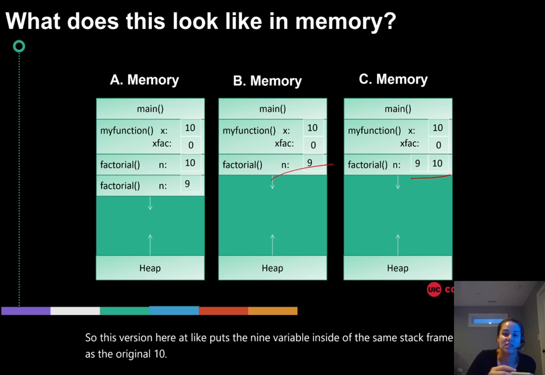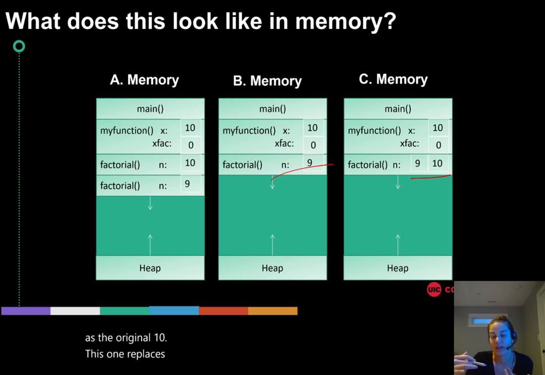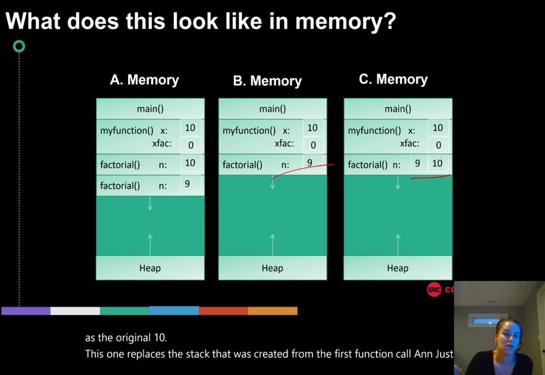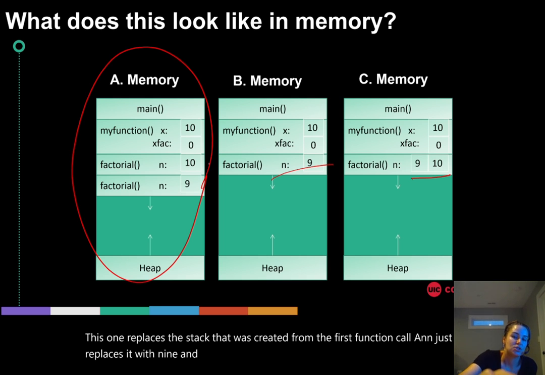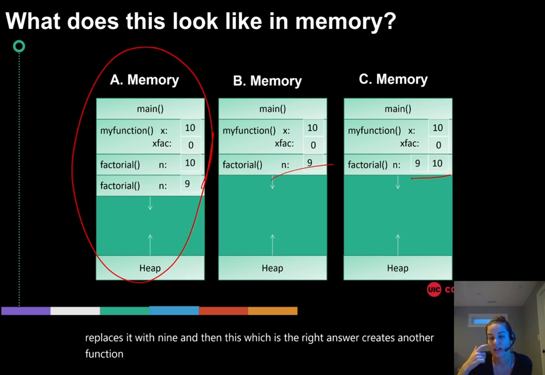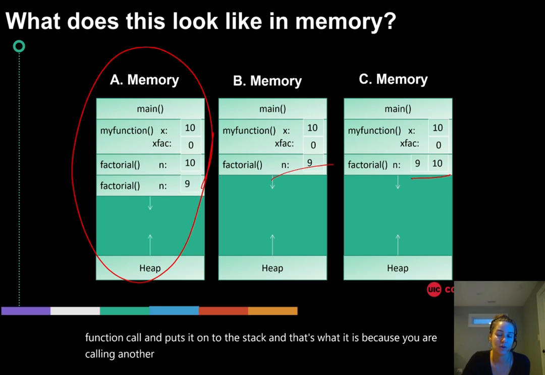This one replaces the stack frame that was created from the first function call with 9. And this one, which is the right answer, creates another function call and puts it onto the stack. That's what it is, because you are calling another function, and every time you call a function, it pushes onto the stack.